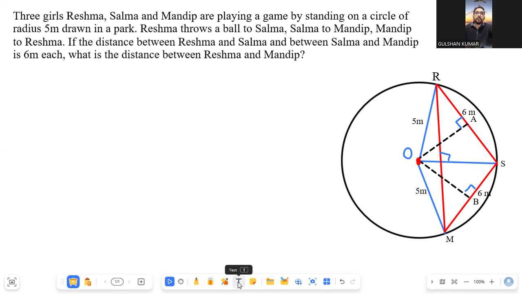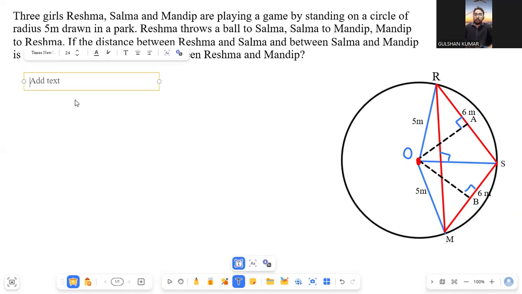Starting with the given, we change the color so that we can understand easily.